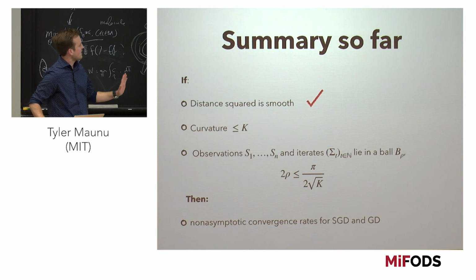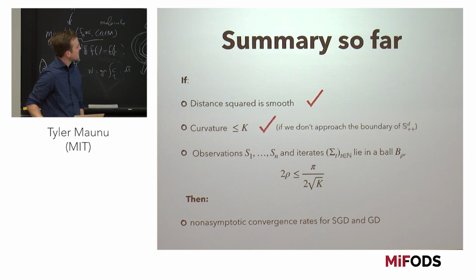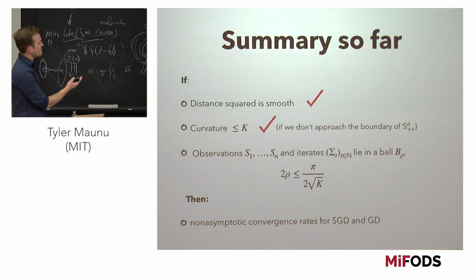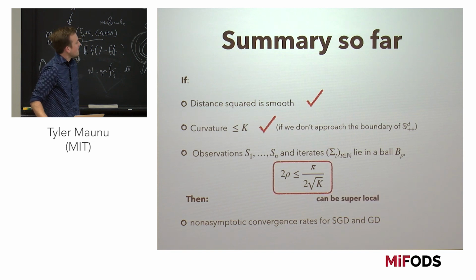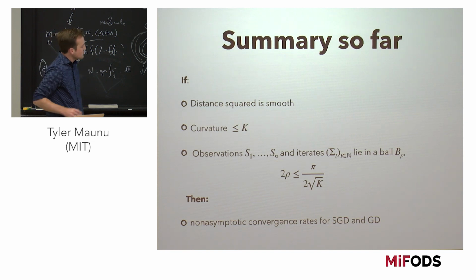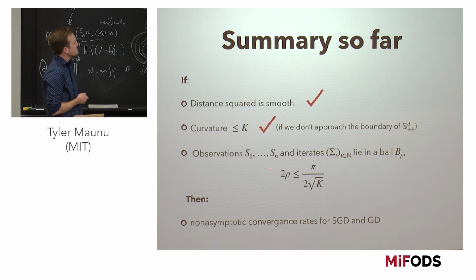We know, I'm not going to show you, that the distance squared function is smooth. The curvature is bounded above by k as long as we don't approach the boundary of the positive definite cone. And if we assume that our observations and iterates lie in some ball, then we get convergence.